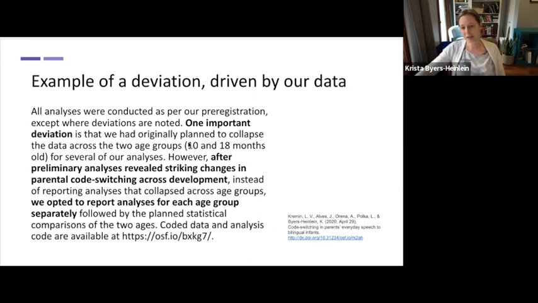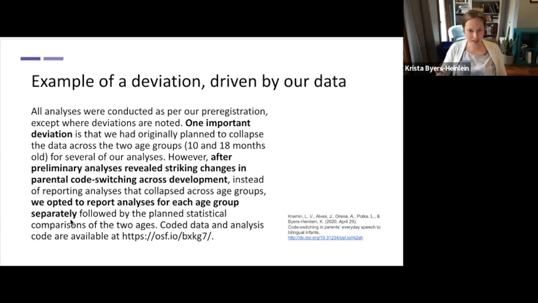So in this particular study, we had data from babies who were 10 months and 18 months, and we actually didn't really expect a big difference between what would happen at 10 and 18 months. So we just said, oh, we'll collect those two, collapse across those two ages, because that'll give us more statistical power. But as it says here, after preliminary analyses revealed striking changes in parental code switching across development, we opted to report analyses for each age group separately.